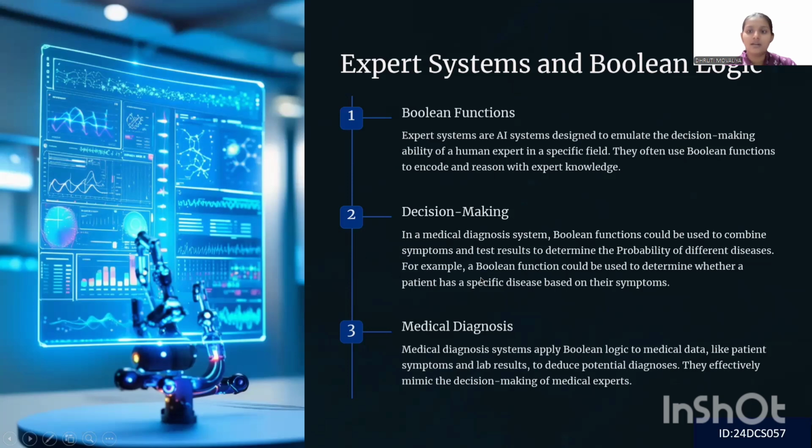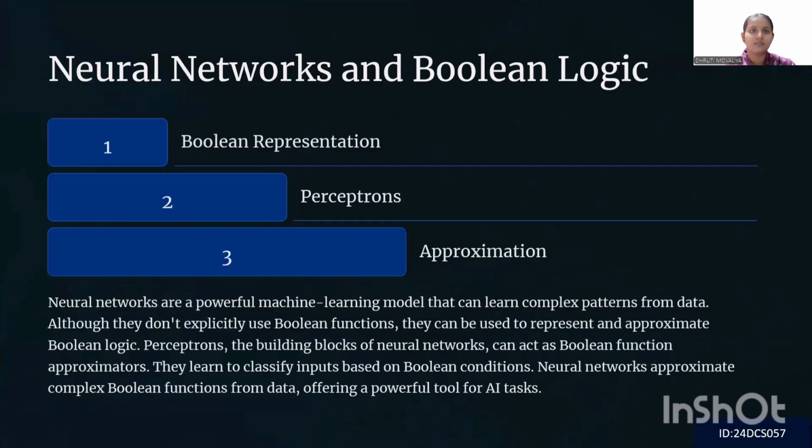For example, a Boolean function could be used to determine whether a patient has a specific disease based on their symptoms. What is medical diagnosis? Medical diagnosis systems apply Boolean logic to medical data like patient symptoms and lab results to deduce potential diagnoses. They effectively mimic the decision making of medical experts.